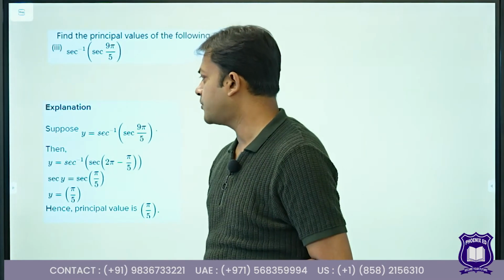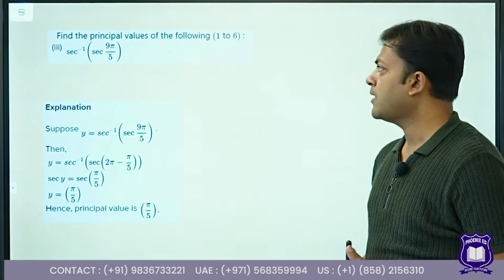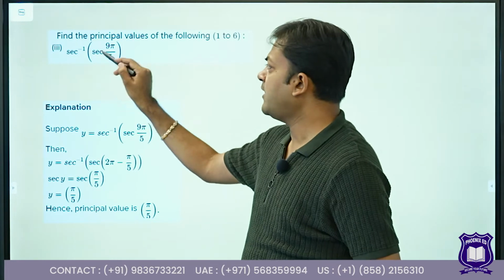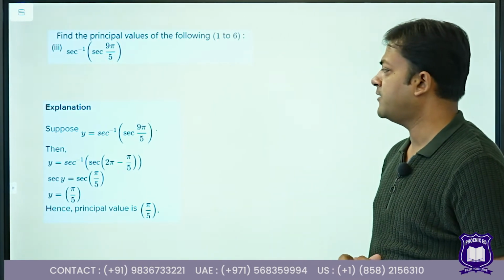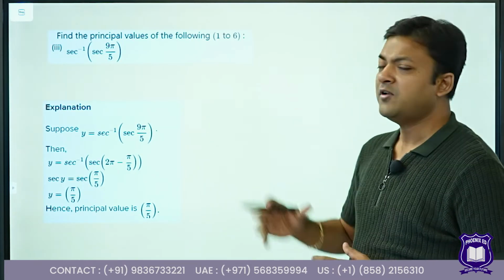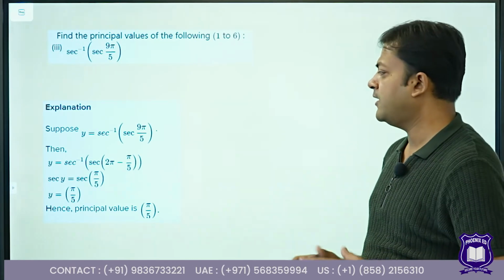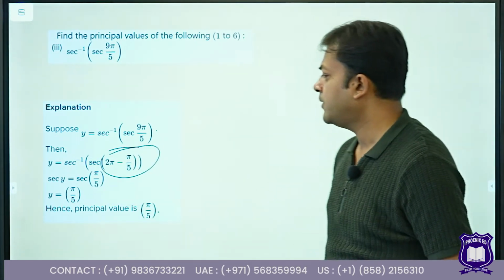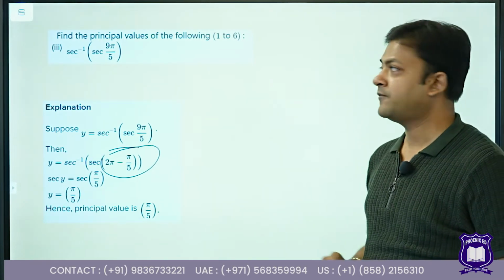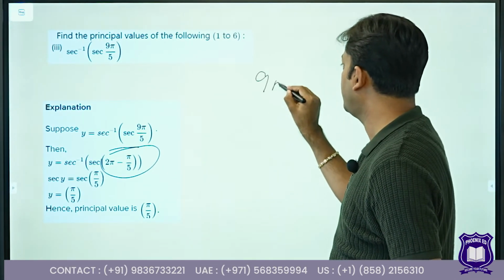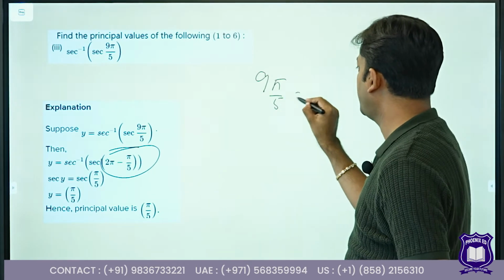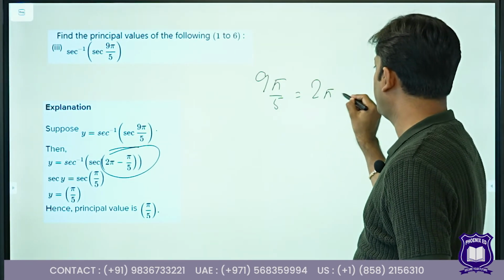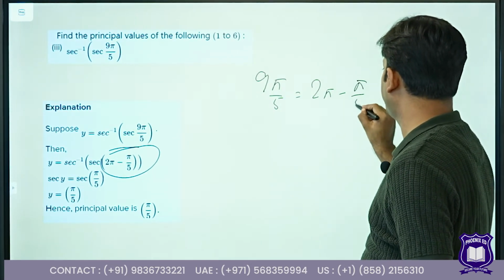Let's move on to another problem. The question this time is sec inverse of sec 9 pi by 5. Sec inverse of sec 9 pi by 5 can be rewritten as sec inverse of sec of 2 pi minus pi by 5. So here we are writing 9 pi by 5 as 2 pi minus pi by 5.